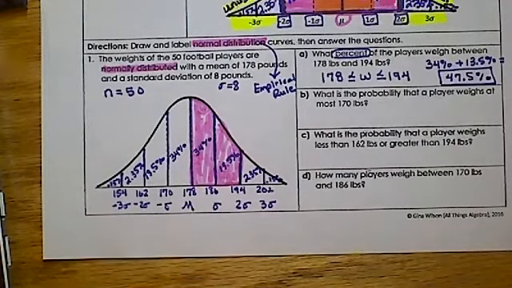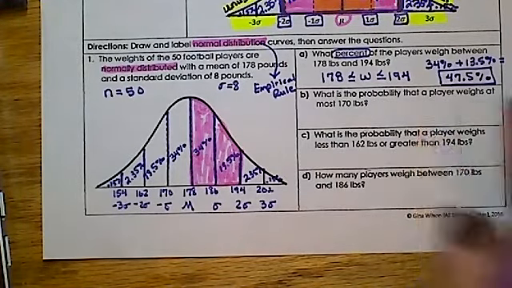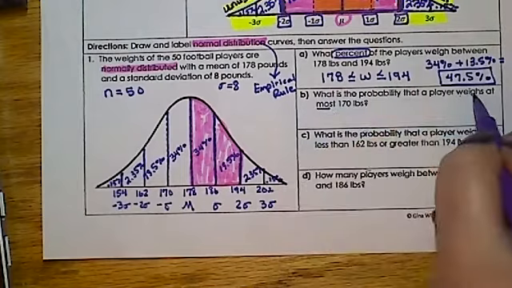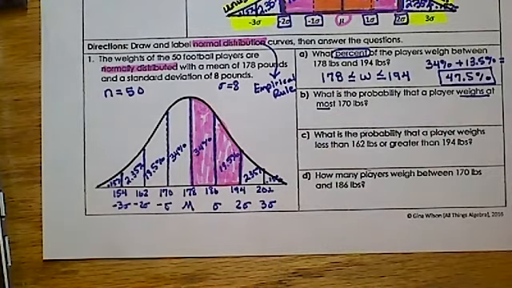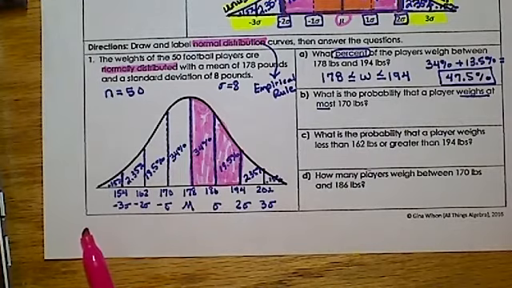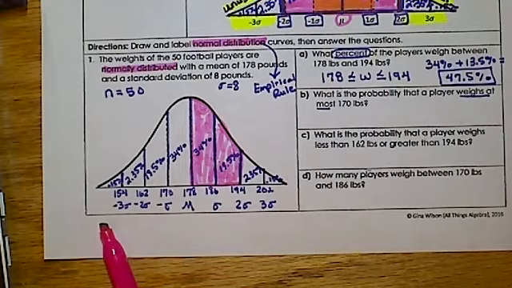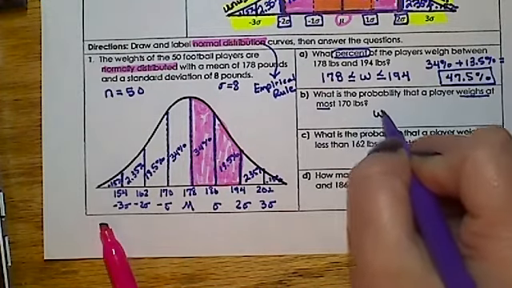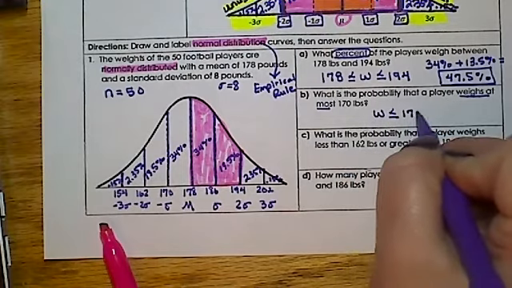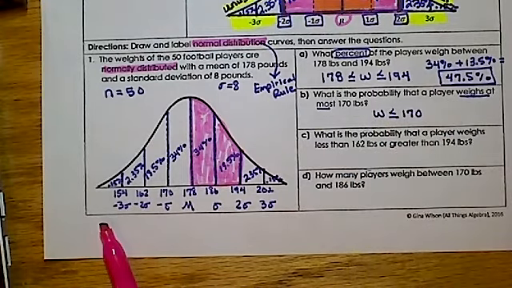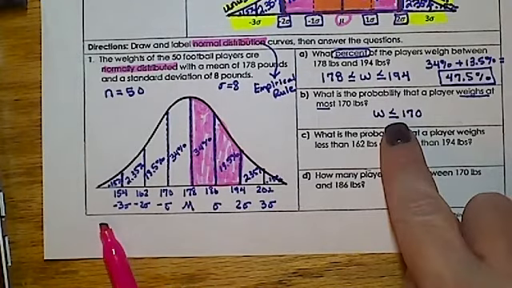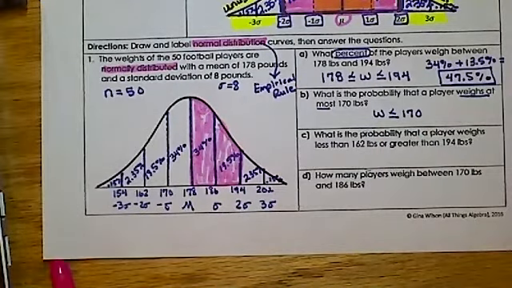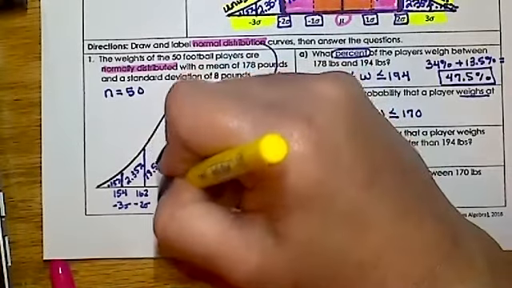Okay, see if you can get the second one. What is the probability that a player weighs at most 170 pounds? Now, at most, that's the most they can weigh. So for your inequality, if the most it can be is 170, we need the weight to be less than or equal to 170. So if you're looking at less than, you're looking at the numbers to the left of 170.